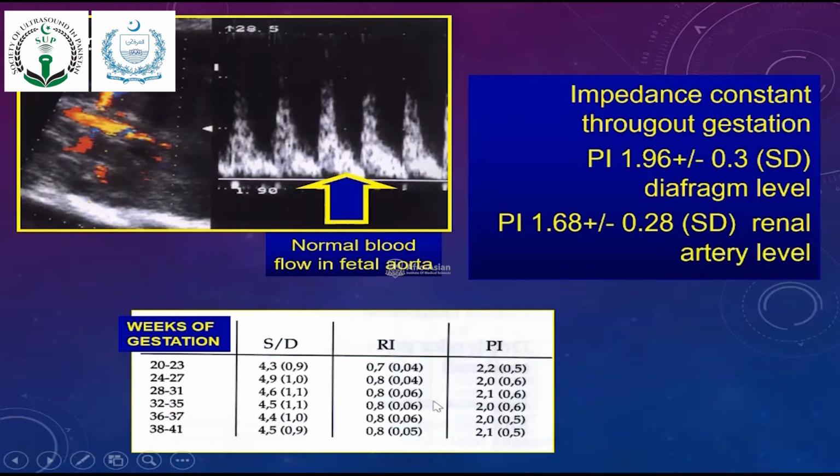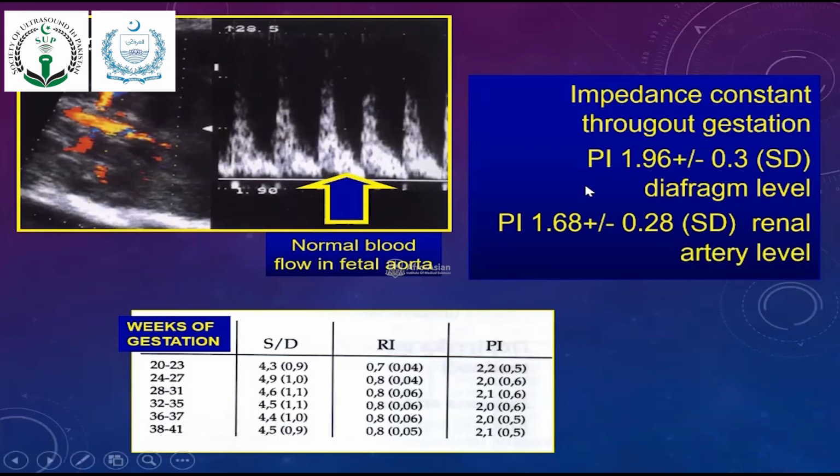PI is usually 3 times RI on average, so we can correlate them. The ratio between RI and PI is usually taken as normal when it is 2.5 to 3 times. I mean, the PI is supposed to be 2.5 to 3 times the RI in all body structures, even in the fetus.